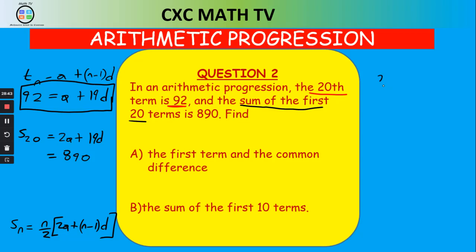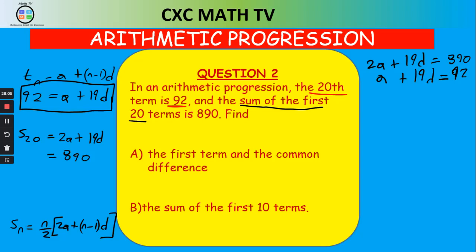We have a plus 19d equal to 92, and then we have 2a plus 19d equal to 890. You see that? That's amazing, right?